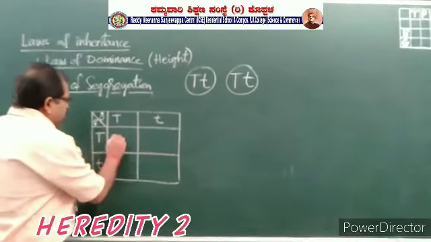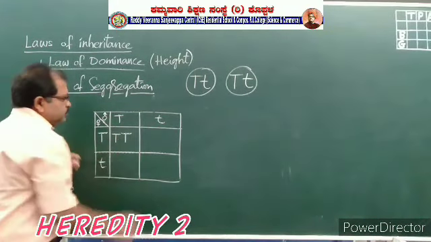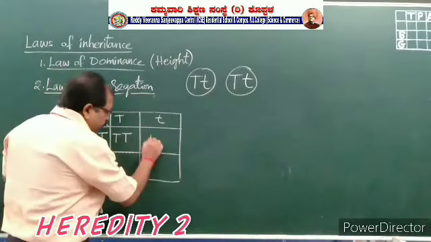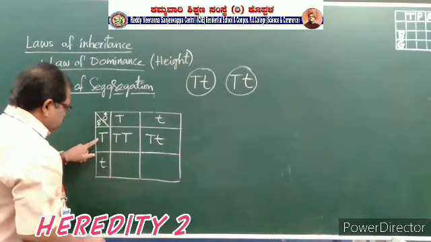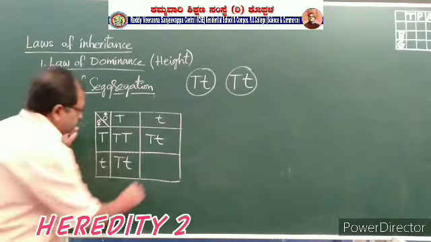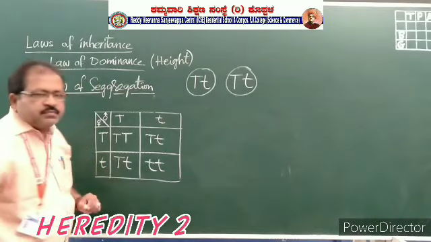So, what will the result be here? Capital T when we cross-pollinated, capital T, small t, again capital T, small t, and these two, small t, small t.